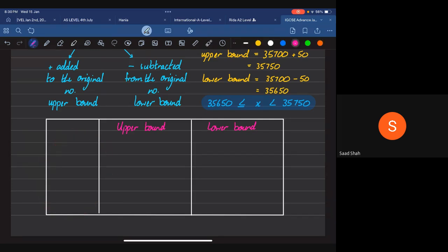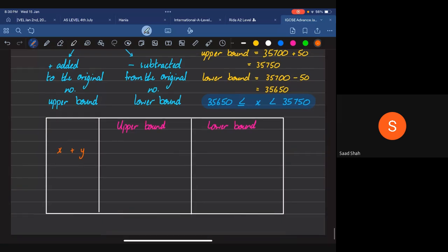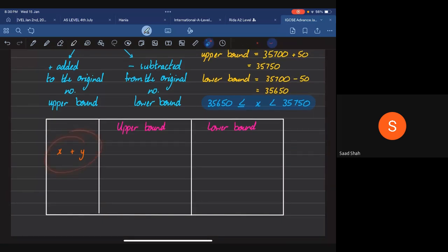So for example, let's just take two numbers. Any two numbers can suffice. So for example, what if x plus y are adding together? And if two numbers are adding together and the examiner wants an upper bound of the answer, you're simply going to take upper bounds of both and add them together.